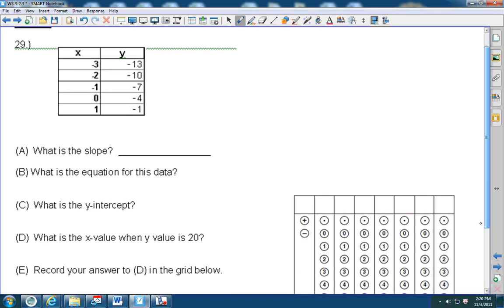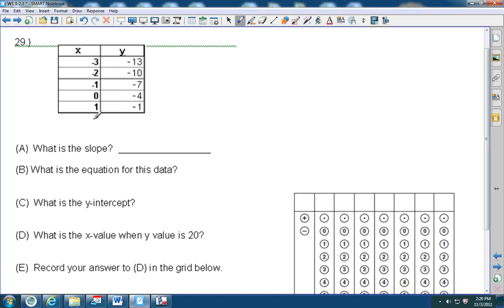Here's some review problems. Up here, what is the slope? The slope, remember, is delta y over delta x. This is plus 3, plus 3, plus 3. Delta x plus 1, plus 1, plus 1.